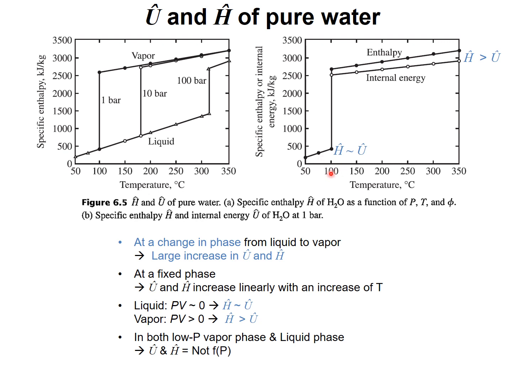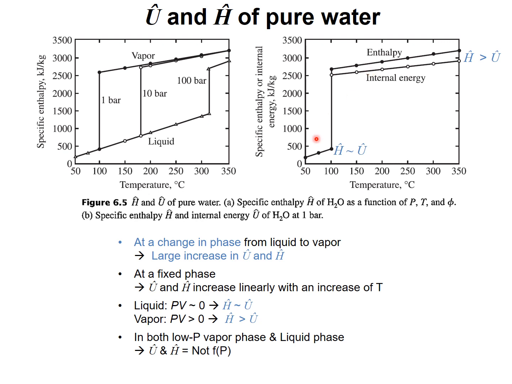However, after the boiling point, this graph is obtained at 1 bar, so the boiling temperature or saturated temperature is around 100 Celsius degree. After the boiling point, we have very high values of enthalpy and internal energy. Beyond the boiling point, the gap between enthalpy and internal energy cannot be neglected.